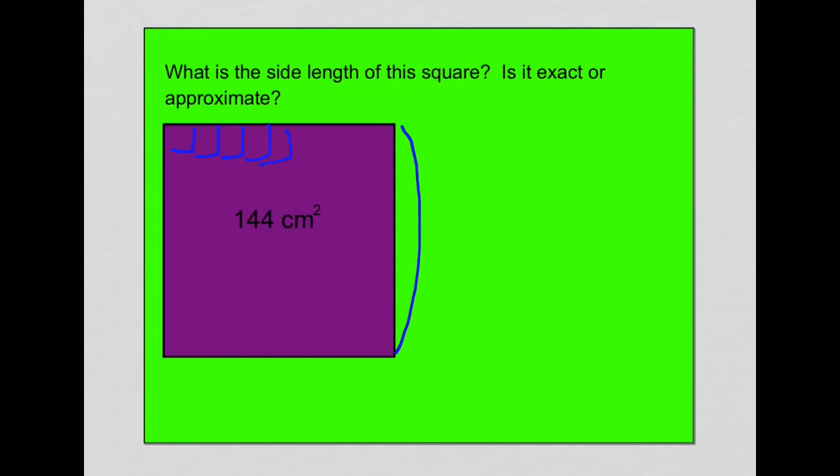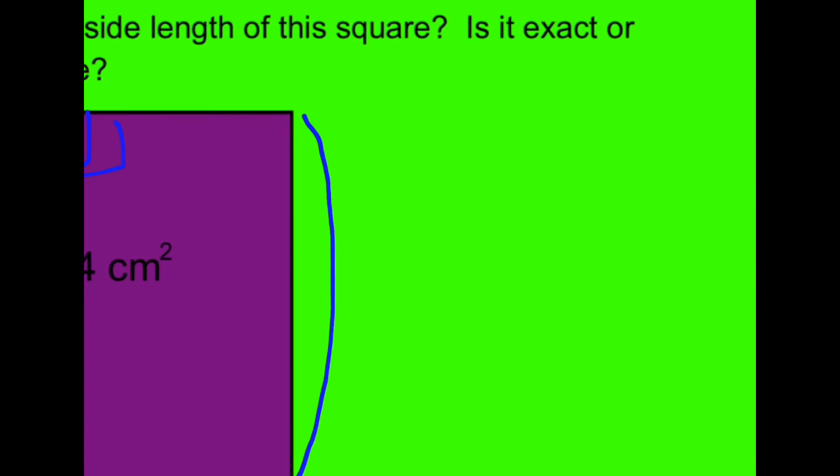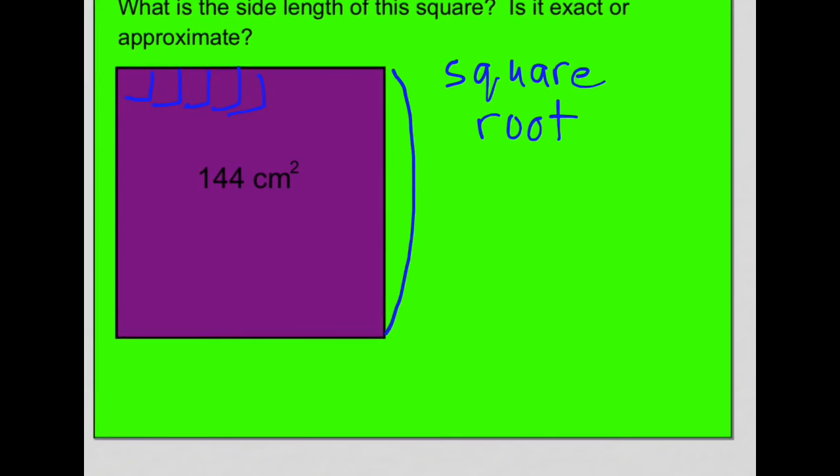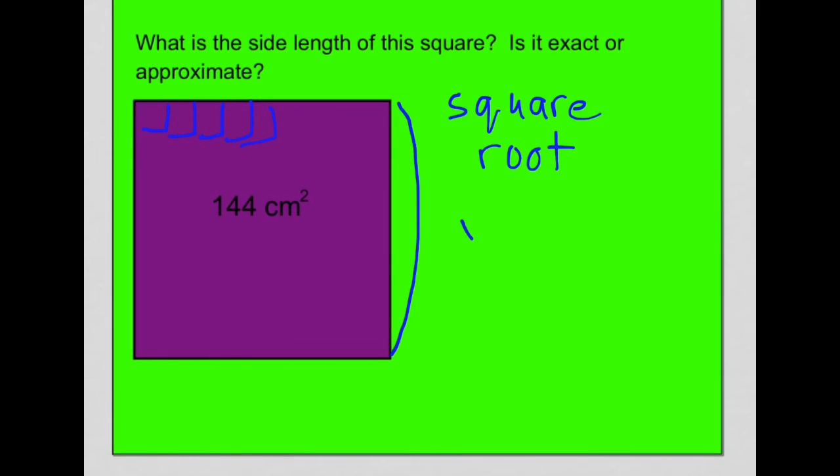Now, if you think back to what we've been talking about with squares and square roots, when I'm asked to find the side length of a square, what I'm trying to find is the square root. So what I want to find in this question is the square root of 144.